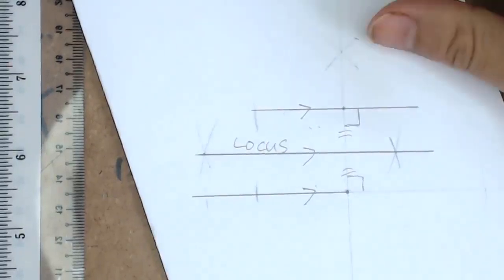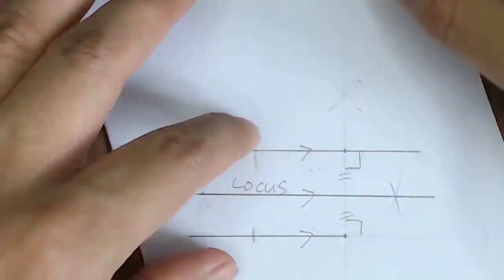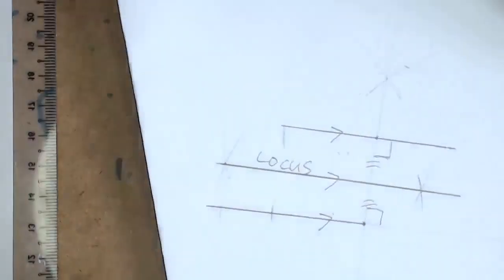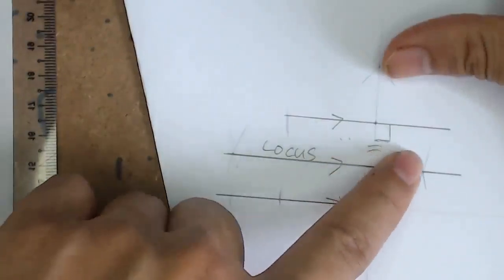Simple. You know what, you can make your own fixed lines, so you can practice to find this locus. Do it on your own. Why not?